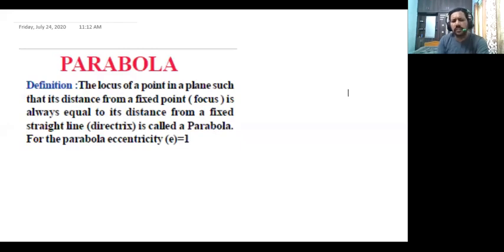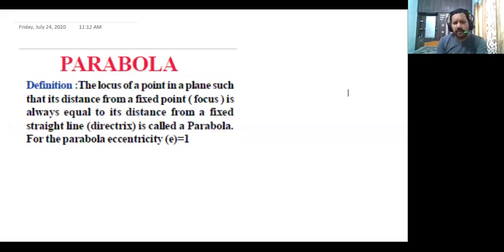Now we are going to discuss the conic section, in the first part, the parabola. What is a parabola? Already we have discussed that eccentricity 1 means the conic section is a parabola. Now observe the definition.